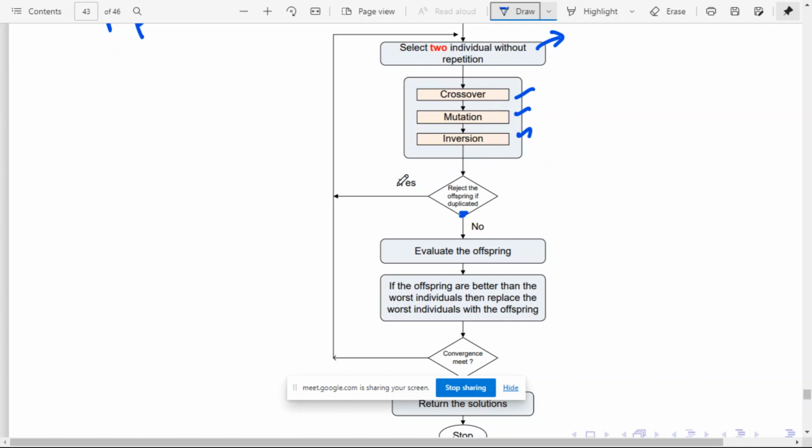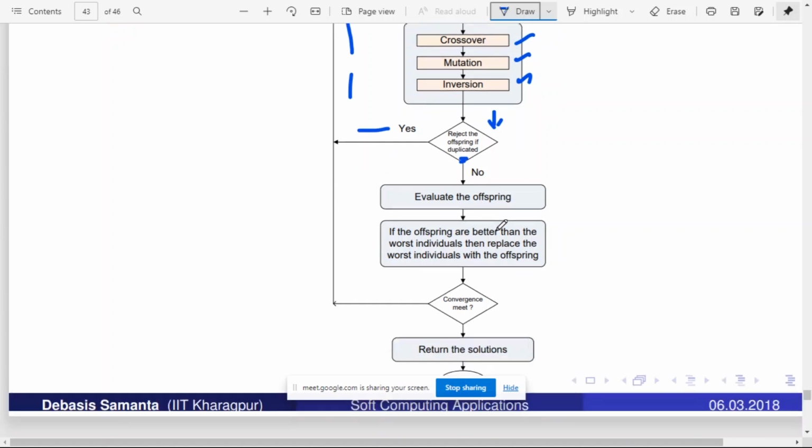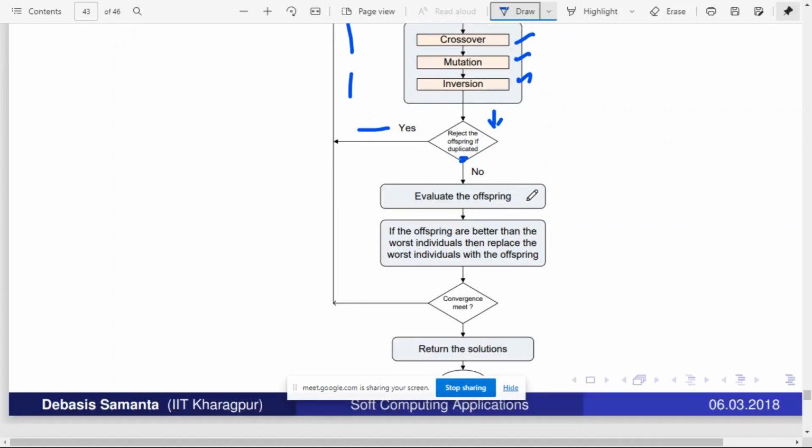If it is already available, reject it, go back, select another two individuals, and perform crossover, mutation and inversion. This process repeats until you identify a unique offspring. So here we ensure that a unique offspring is created. Once the unique offspring is created, evaluate the offspring, that is, identify its fitness score.